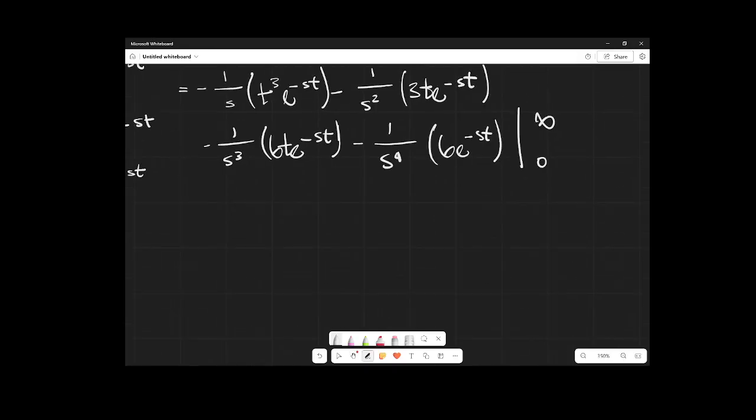I'm going to do some more quick algebraic manipulation here.